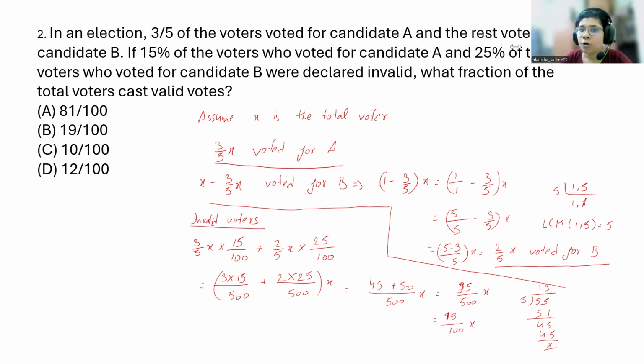But what we want to know is what fraction of the voters are valid. So how many of them are valid? Total was X minus the invalid ones. How many invalid are there? 19 by 100 X are invalid.